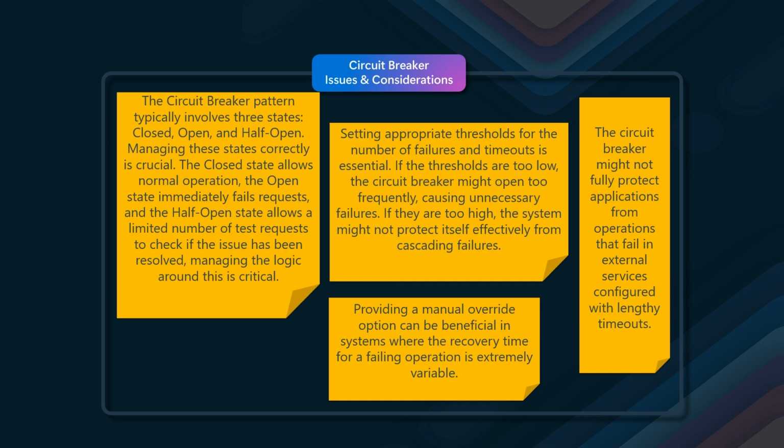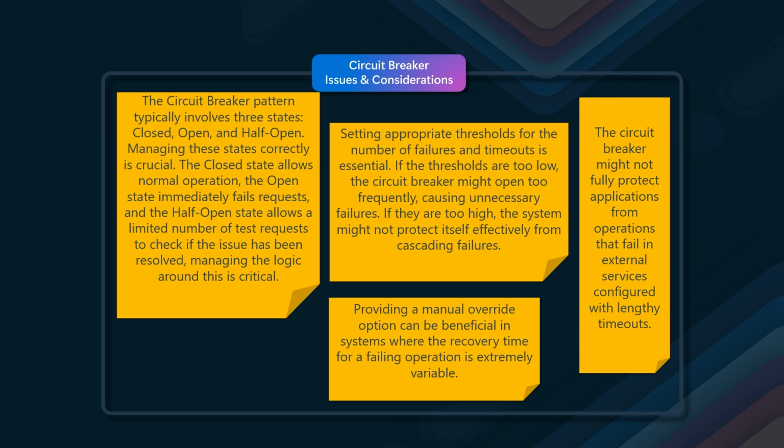The circuit breaker might not fully protect applications from operations that fail on external services configured with lengthy timeouts. If the timeout is too long, a thread running the circuit breaker might be blocked for an extended period of time, tying up resources. Aggressive retry policies can also cause an increasing number of transient faults for other users and applications sharing the same resources.